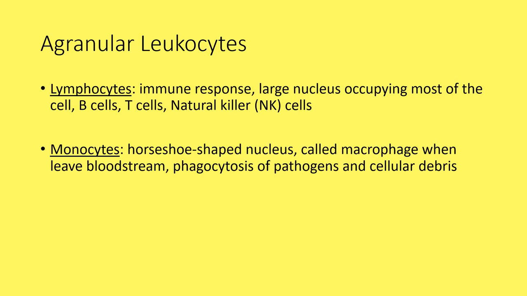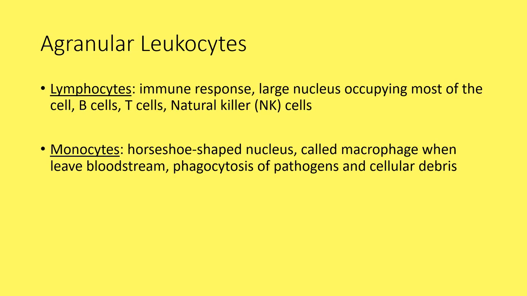The other type of agranular leukocytes are the monocytes. They tend to have a nucleus that's kind of a U or horseshoe-shaped. And it's kind of different. When it's in the bloodstream, they're called monocytes. They will often leave the bloodstream and migrate into the interstitial fluid and, like I said, kind of be on this reconnaissance.